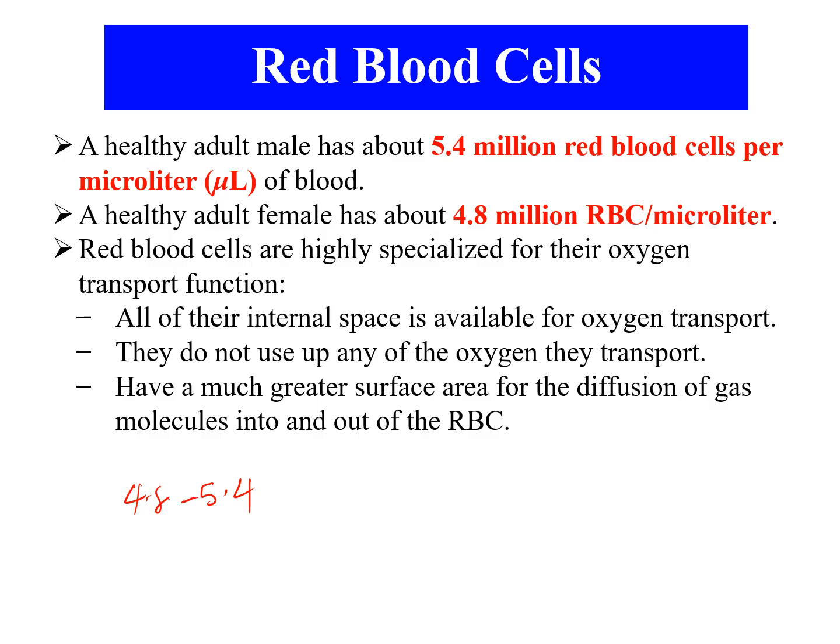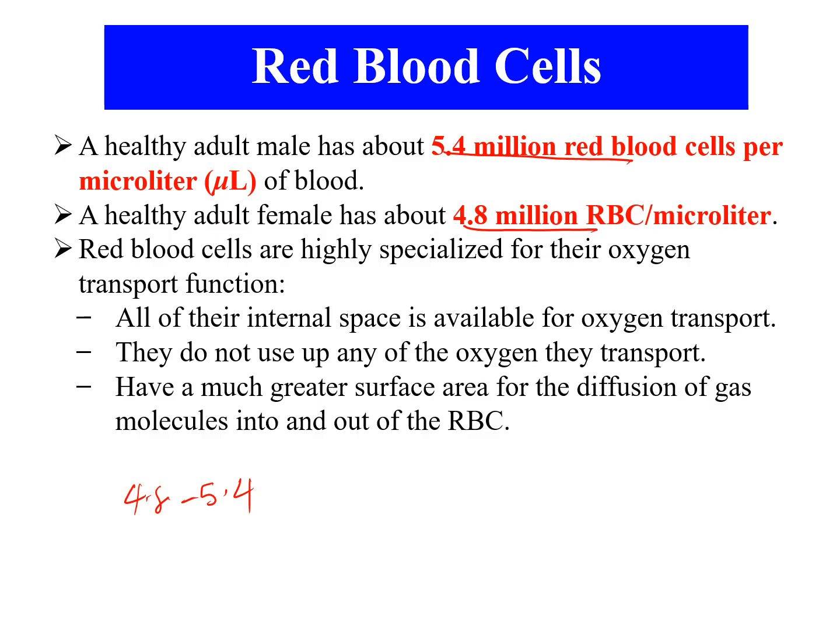If you have forgotten, just rewind back and you'll find those reasons. An adult male on average has about 5.4 million red blood cells per microliter, and an adult female has about 4.8 million red blood cells per microliter.